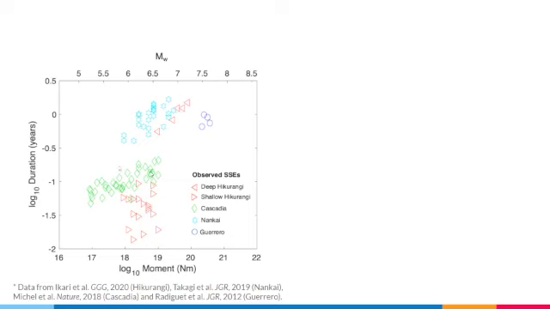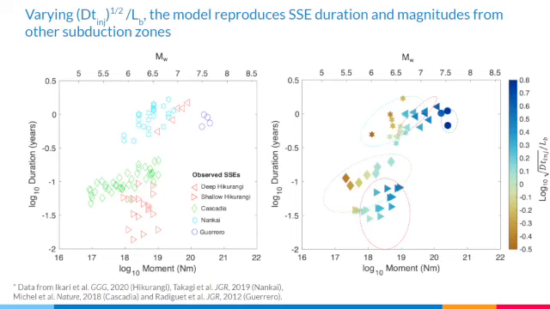And for short-term, we include Cascadia and the shallow Hikurangi SSEs for comparison. What we found was that if we varied the characteristic size of the perturbation, we could find the parameter space that could broadly reproduce the observed ranges.